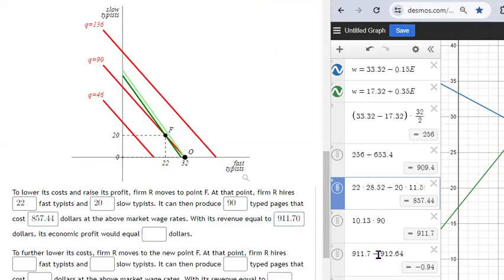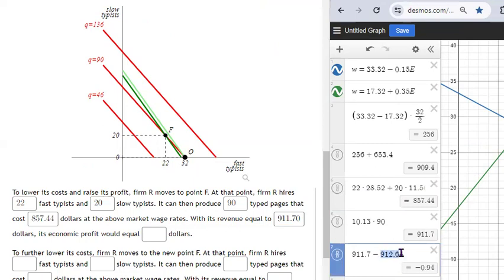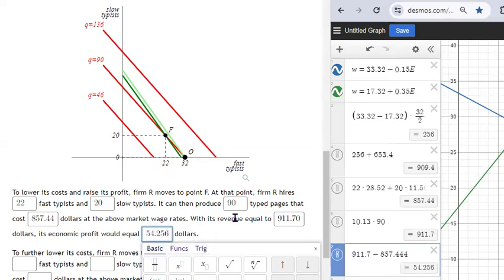So now the economic profit is what? The cost is 857.44, and we're subtracting that from the revenue, right? So now we're making an economic profit of $54.26, right? The 6 makes that 5 or 6, we round it.